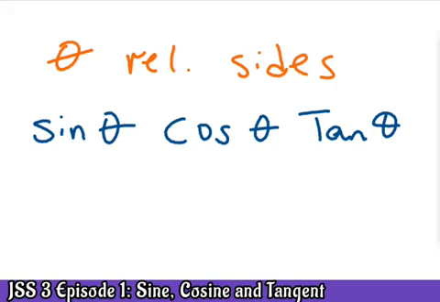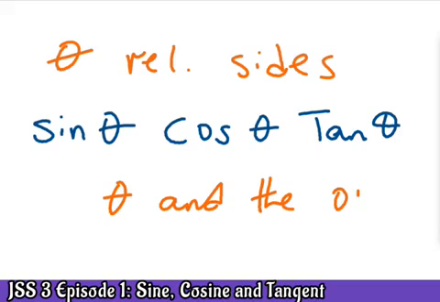Good. Now, if I want to describe the relationship between an angle and its opposite side, an angle and the opposite side of a triangle, how do I describe the relationship between a particular angle and the opposite side? This description must be in ratios. What did I say? This description must be in what? It must be in ratios.